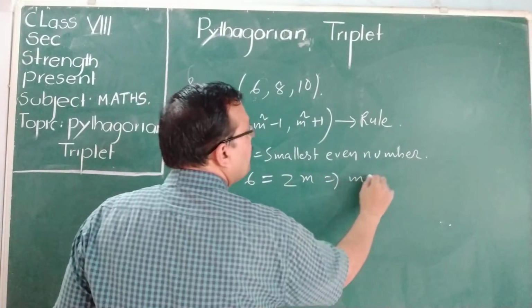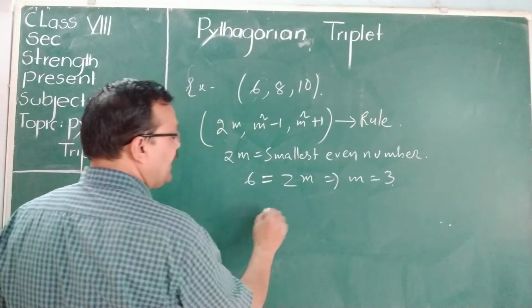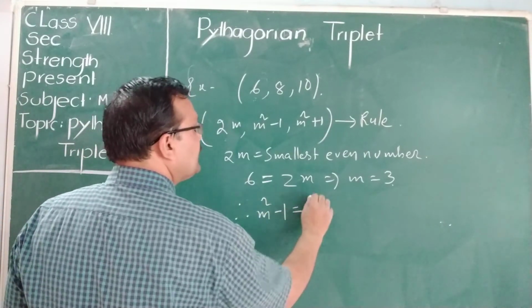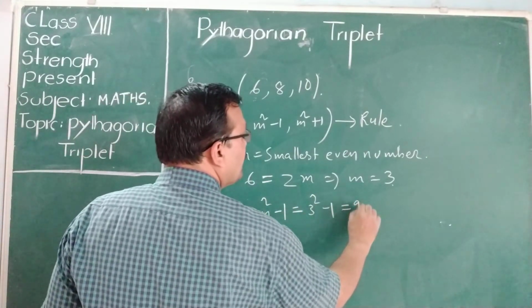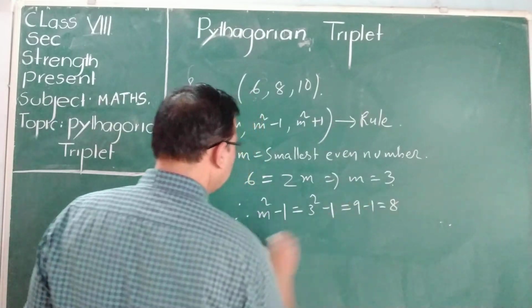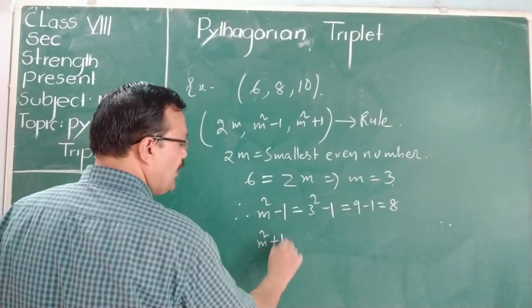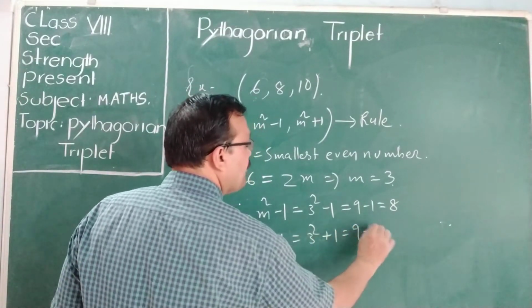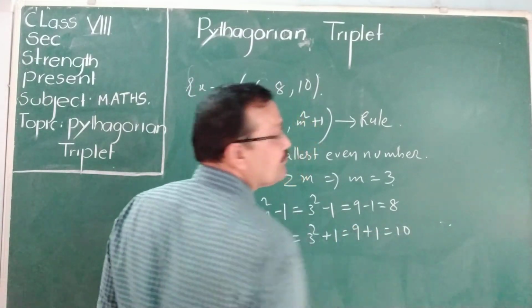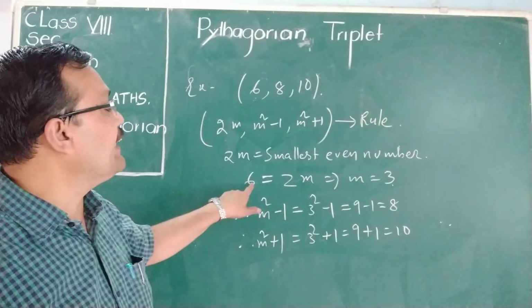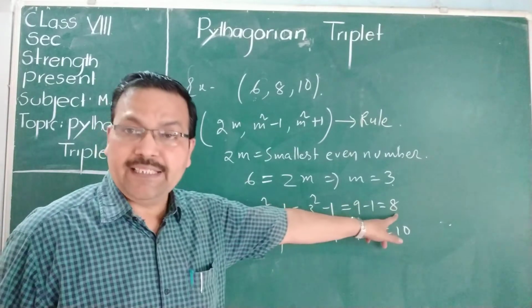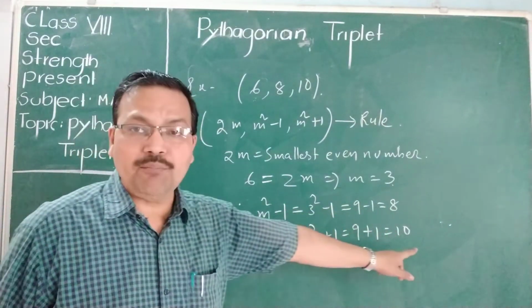It implies m is equal to 3. The second number is m square minus 1, which is 3 square minus 1, equal to 9 minus 1, equal to 8. The third number, m square plus 1, is 3 square plus 1, equal to 9 plus 1, equal to 10. Now, as we have taken 6 as 2m, m square minus 1 is coming 8 and m square plus 1 is coming 10.